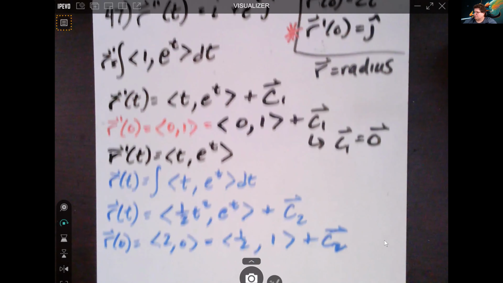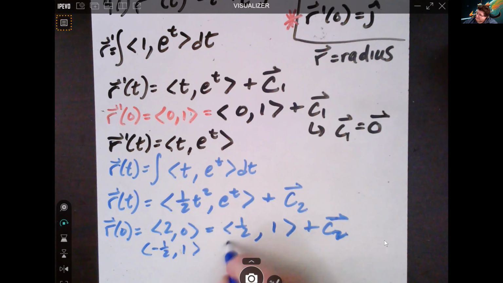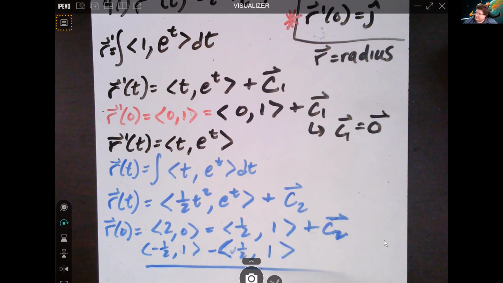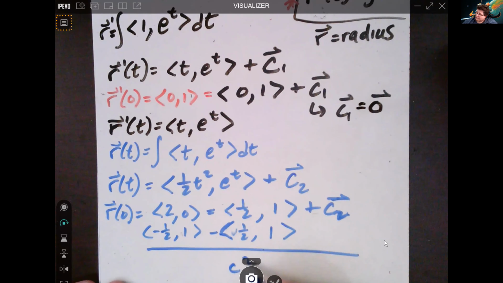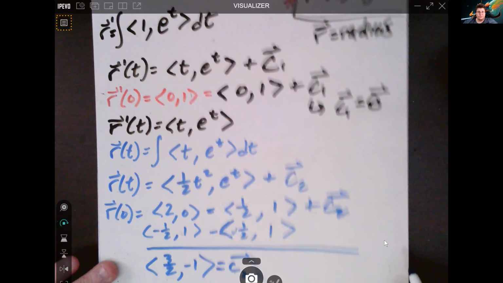So I can find C2 by solving for it, subtracting the vector on the right from both sides. And I get C2 equals, not C squared, C2 equals 2 minus 1/2 is 3/2, and 0 minus 1 is -1. That's my C2.